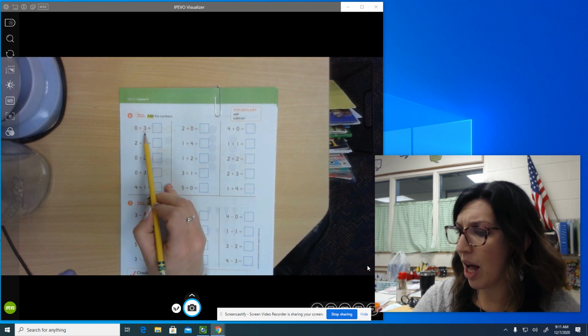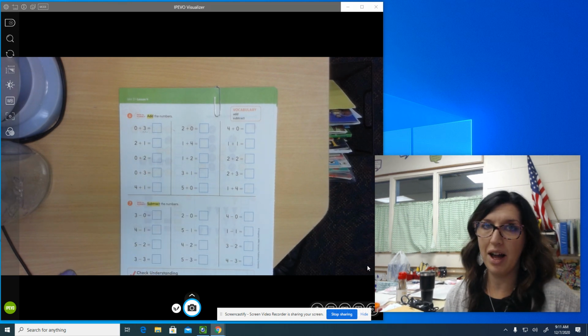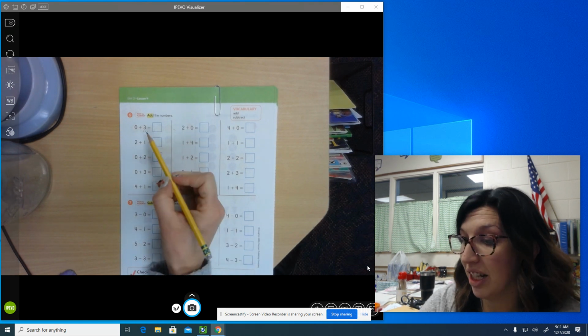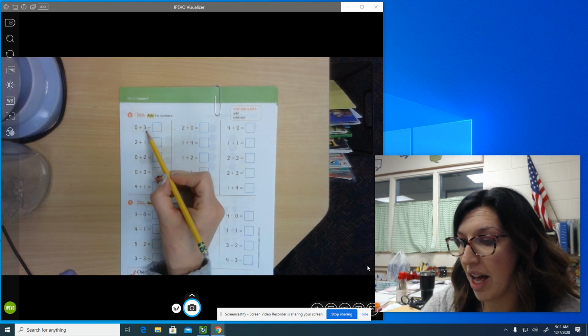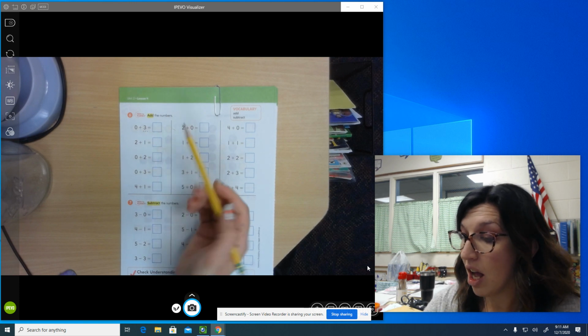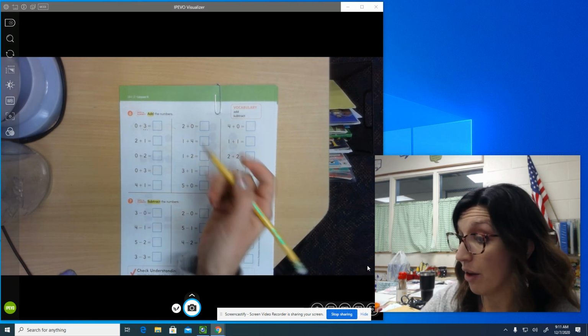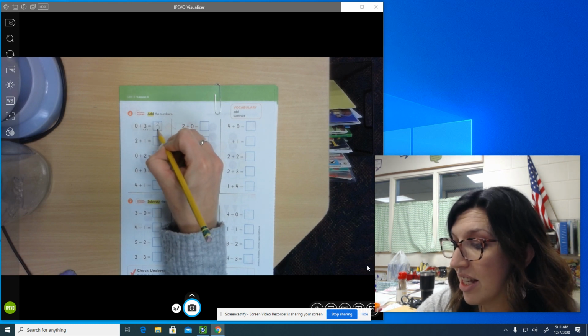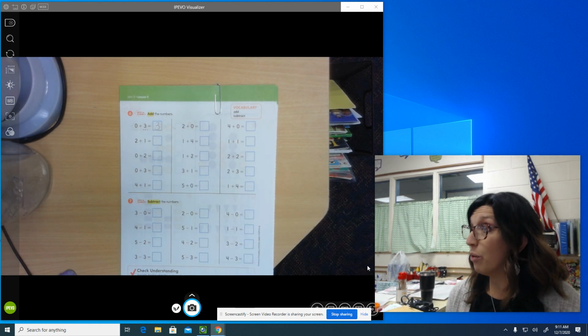What if I don't know how many dots I have, what should I do to figure out how many dots that is? Count them. I would agree. Let's count them. Are you ready? 1, 2, 3. Well, I didn't have any dots over here to count, so I know that my answer is 3. 0 plus 3 equals 3.